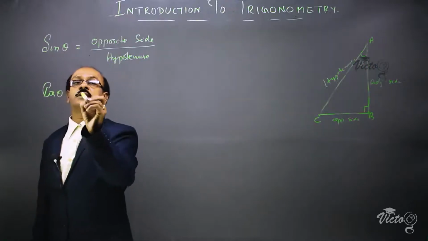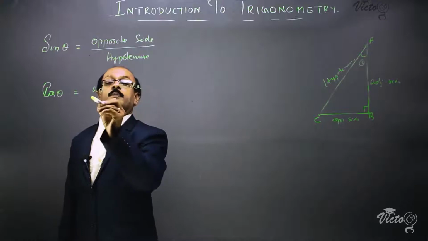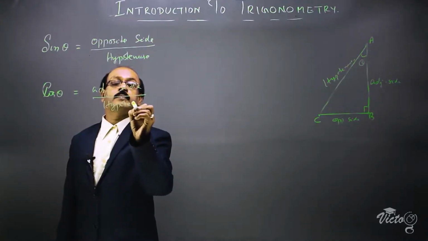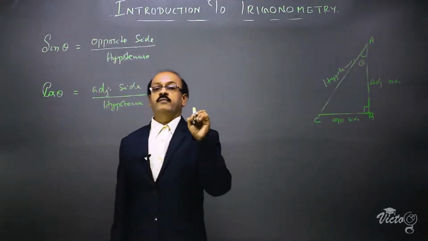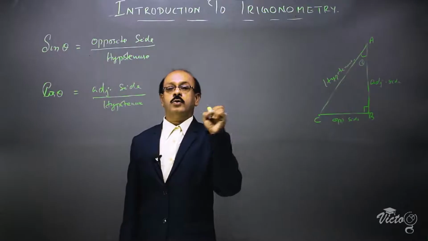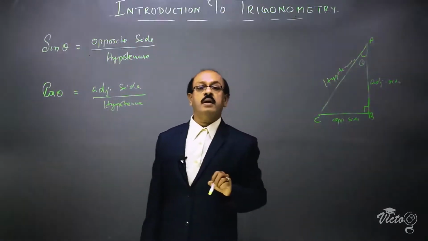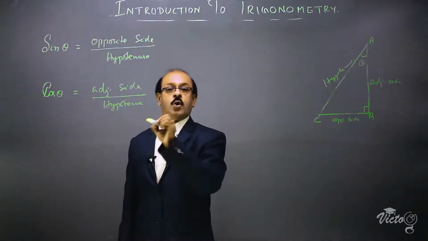Cos theta is equal to adjacent side by hypotenuse. So, remember, when we are hearing the word cosine or cos, it is the ratio obtained by dividing the adjacent side by hypotenuse. Adjacent side by hypotenuse is equal to cos.